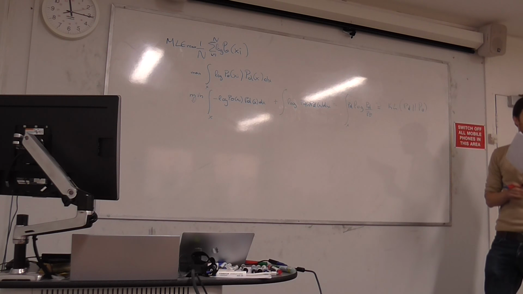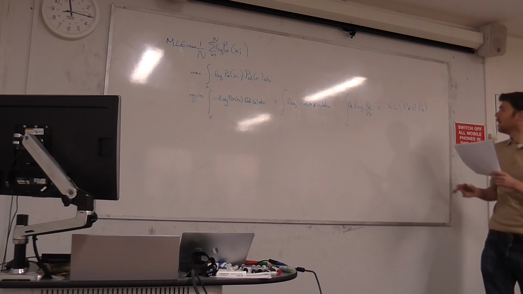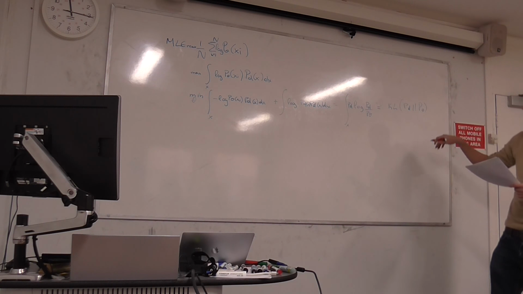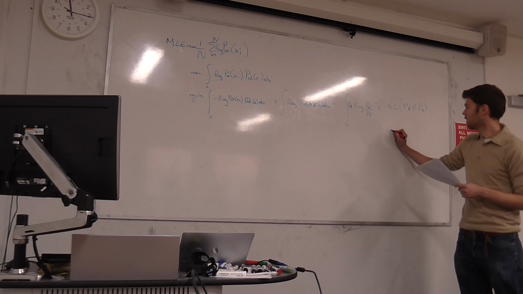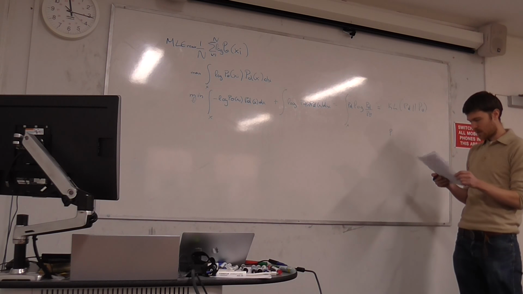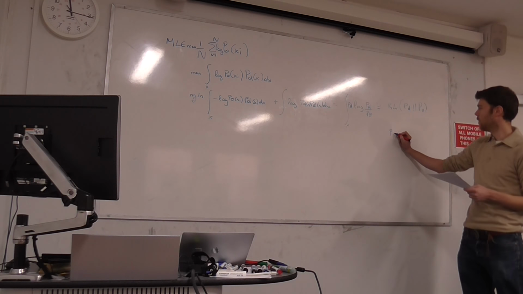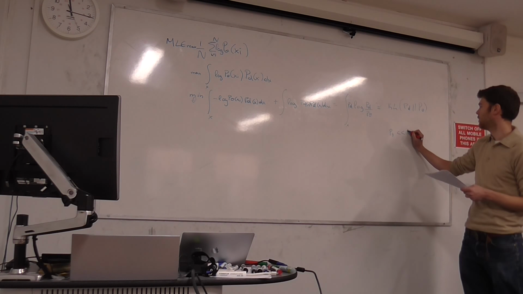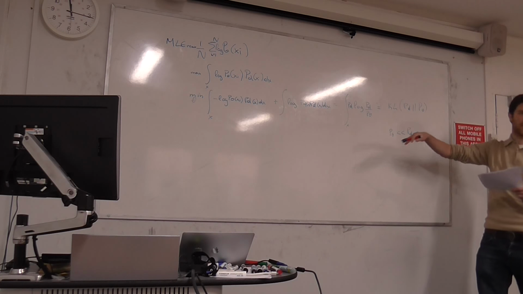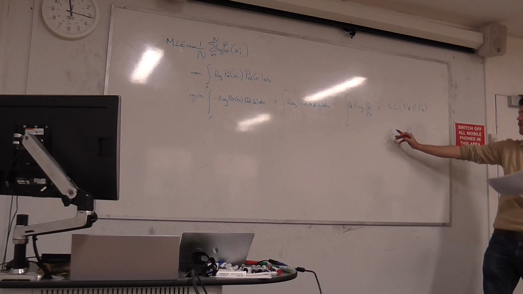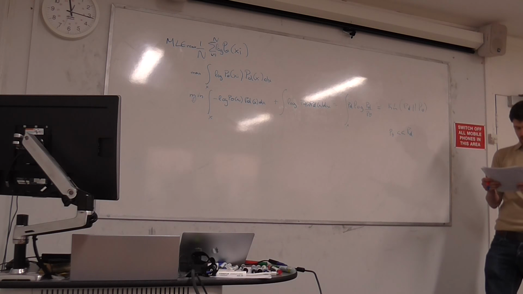No questions? Okay, so let's see what minimizing this means. Let's see when we have p theta much smaller than p d, for a certain space. So what does that mean?